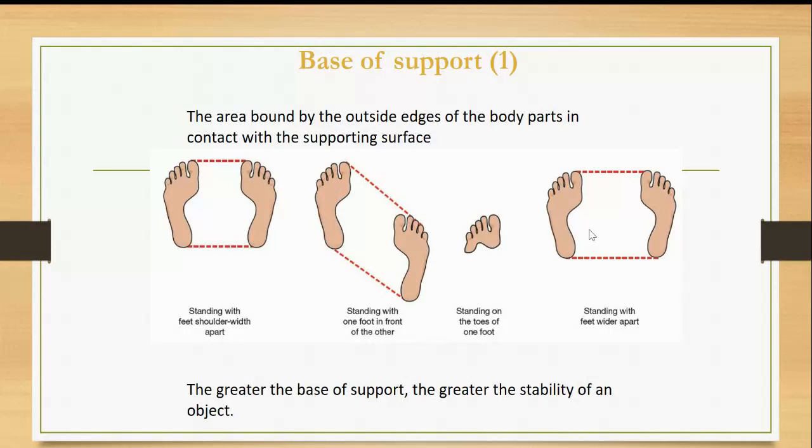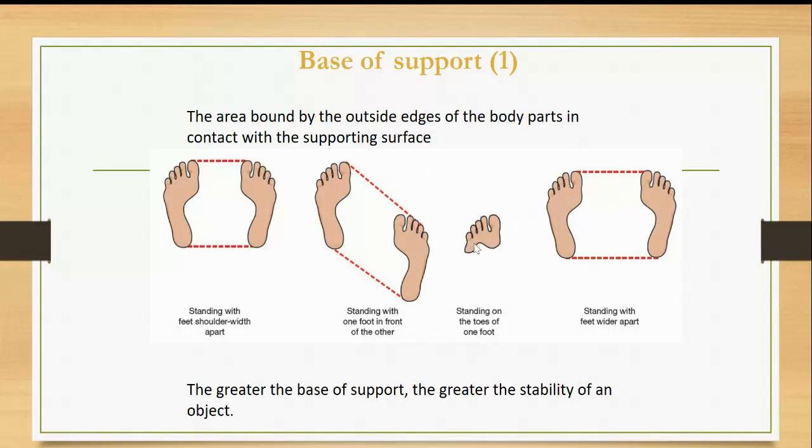Firstly, the greater the base of support, the greater the stability. So if my feet are wide apart, like they are in this first example here, I have good stability, particularly if someone wanted to push me sideways, because my feet are further apart. If someone wanted to push me sideways, my feet have a wide base of support and therefore I would be harder to move.